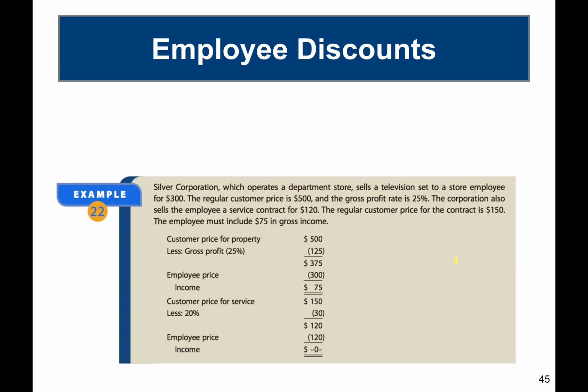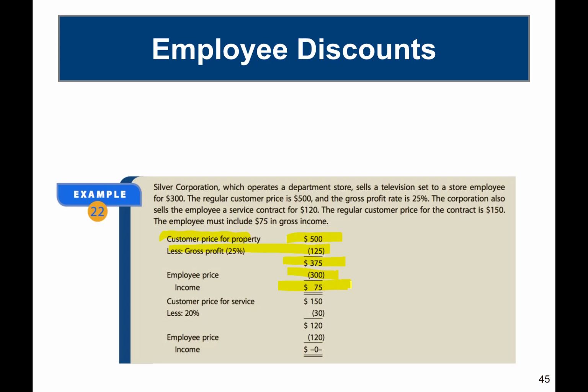Okay, so let's just go ahead and take a look, and this is a pretty good example here. Let's just look at the numbers. Customer price for the property is $500. Gross profit is $125. So after we back off the gross profit on that property, we have what, $375? If the employee price was $300, then the income is going to be $75. Okay, I had a friend that worked for Banana Republic, and so she'd always get the employee discount, right? But you'd have to pay what?